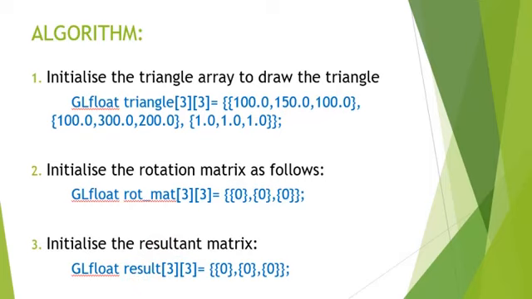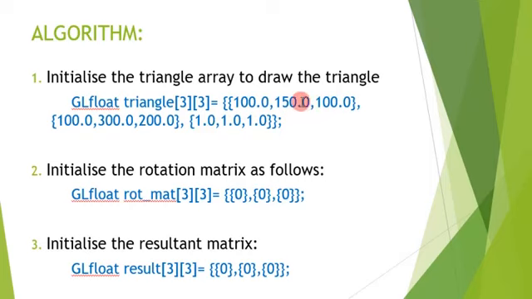So here in the GL float 3 by 3, that is our initialization of the triangle array, the first value is the x-axis, the second is the y-axis, and these are the colors filled for the outline of the triangle.